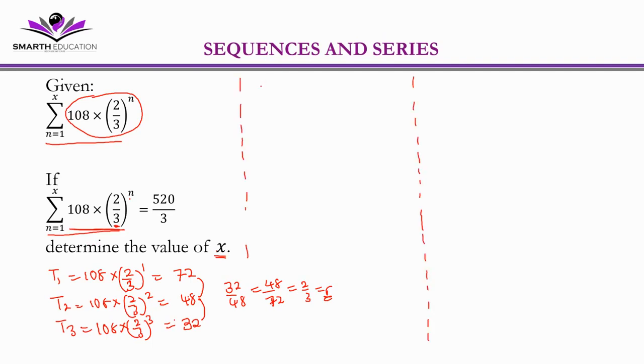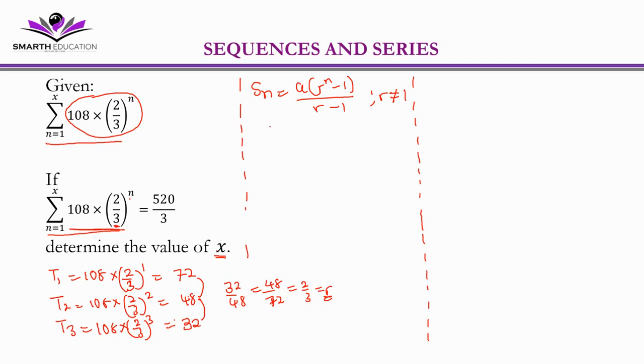So we have Sn is equal to A times R to the power n minus 1 over R minus 1, where R cannot be equal to 1, because if R is equal to 1, this thing becomes undefined.